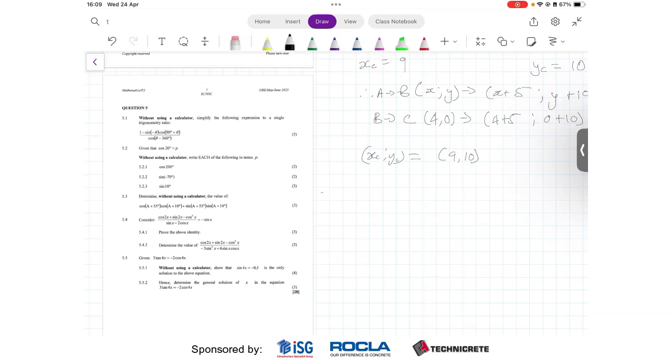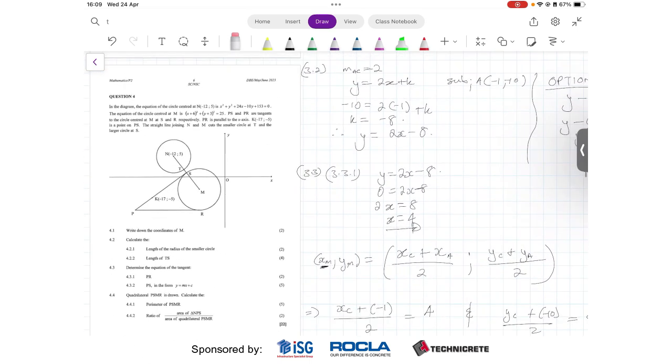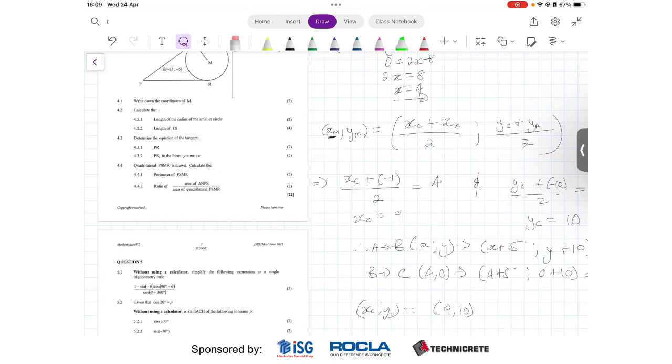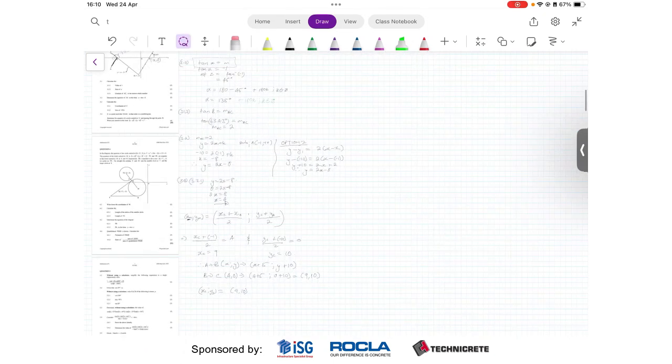Since we're going to be needing to work with the diagram, I'm going to pull it up so that we can work with the diagram.